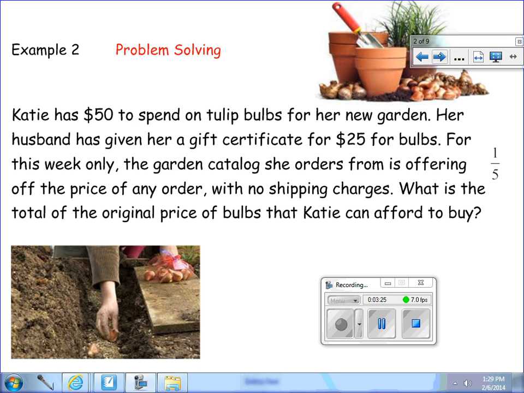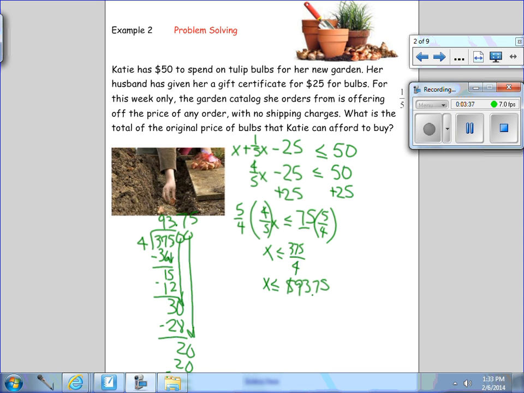Now, this problem is similar to the previous one. So I'll pause the video, let you set it up, and determine the amount she cannot go over for her bulbs. In this example, you should have set it up similar to the previous one. You cannot spend any more than $50, so it has to be less than or equal to $50.